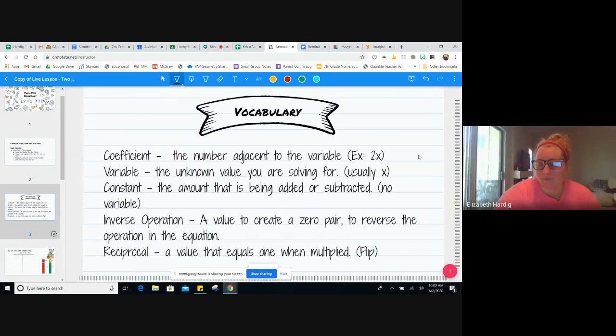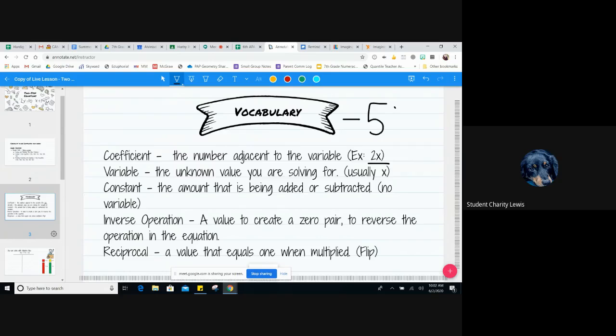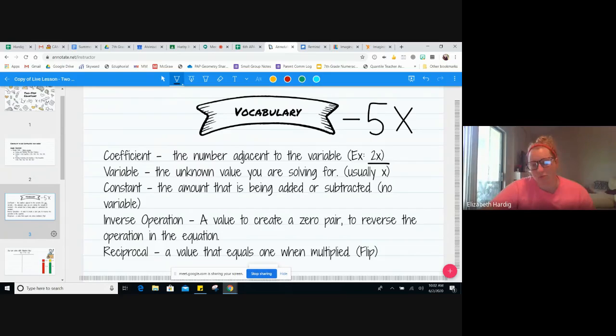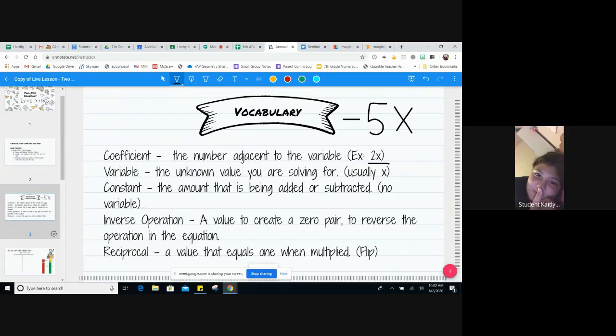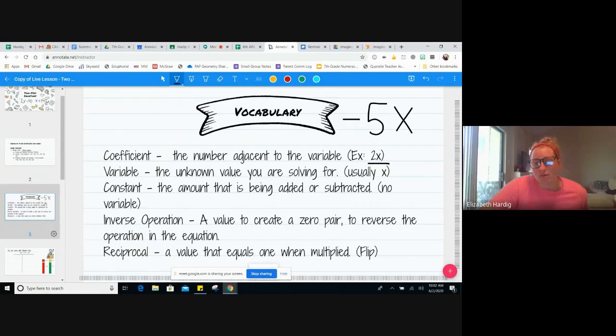What number is right next to the x right here? 2. What if I had negative 5x? What would the coefficient be? -5. Very good.